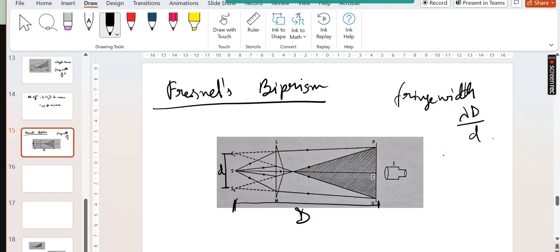Here there is no pi phase change, so everything is similar to Young's double slit experiment.